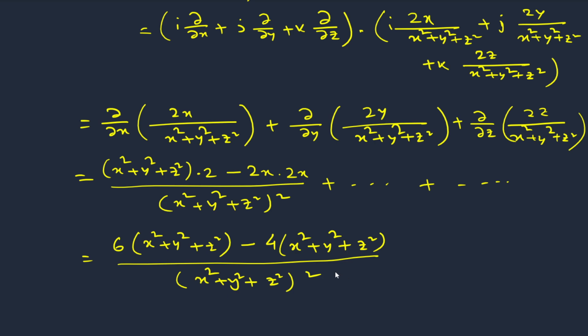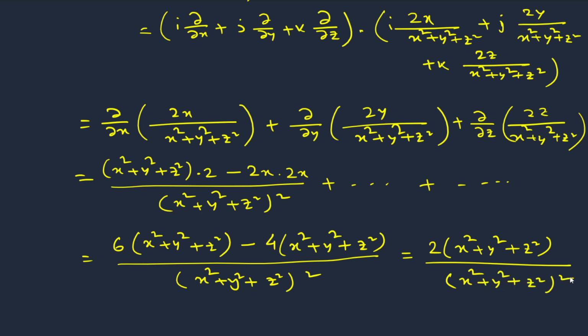Now in the numerator, we see 6 minus 4, so it will be 2 into x square plus y square plus z square, divided by x square plus y square plus z square whole square. So one x square plus y square plus z square can cancel out. So our final answer is 2 divided by x square plus y square plus z square.